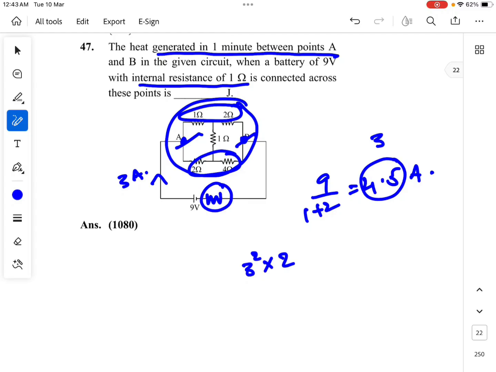So the current through that effective resistance is 3 amps. So 3 square times 2 should give you the power, multiplied by 60 seconds should give you the answer. So how much is that? 18 times 60. You should know the multiplications properly. So 1080.